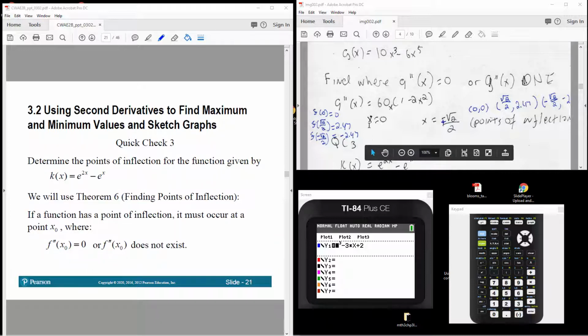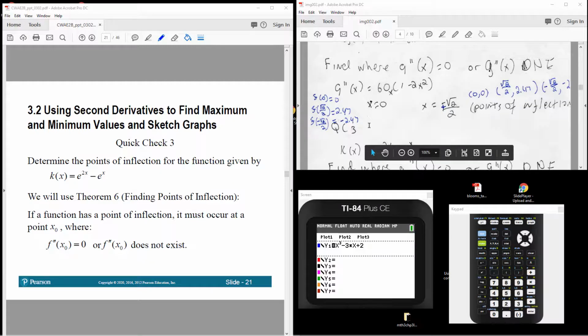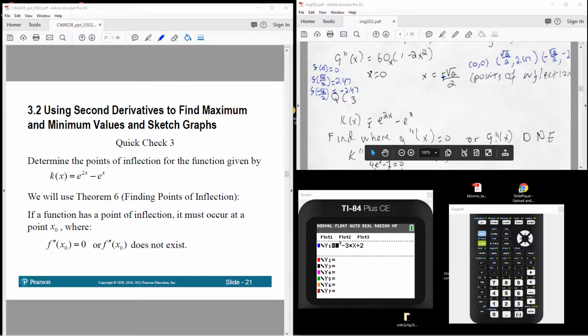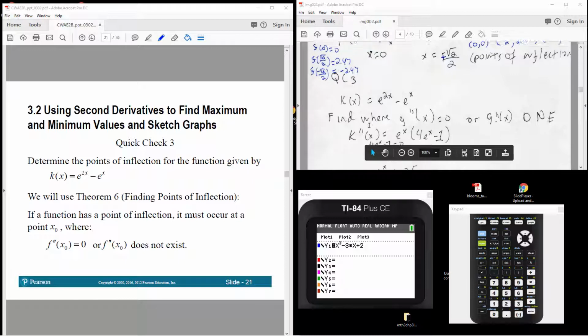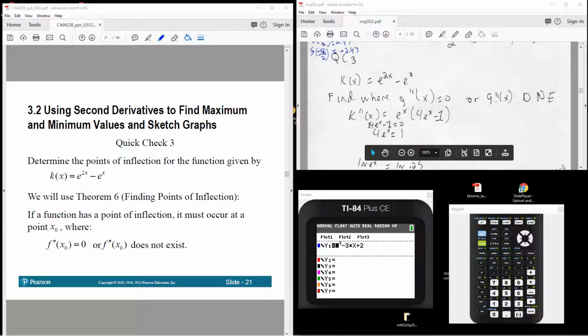And here's another example. Find where g double prime is 0, so I set it equal to 0 and solve.